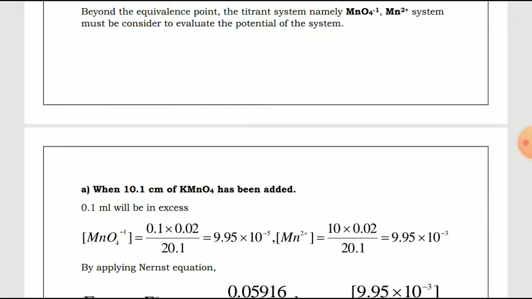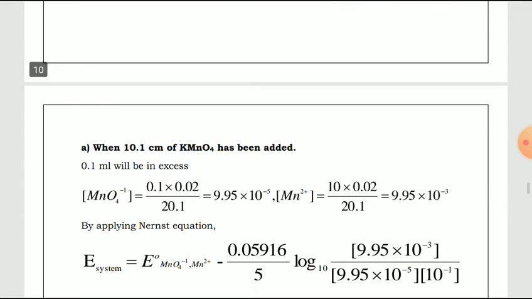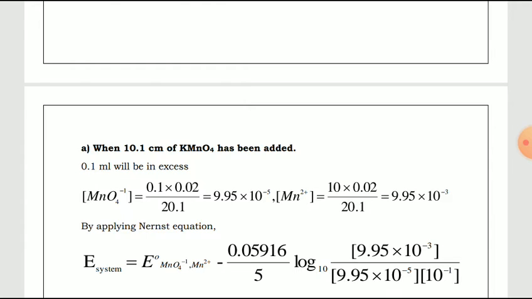By applying the next equation, E system is equal to E naught MnO4 minus to Mn2 plus minus 0.05916 upon 5 log of the concentration of Mn2 plus upon the concentration of MnO4 minus into H3O plus.